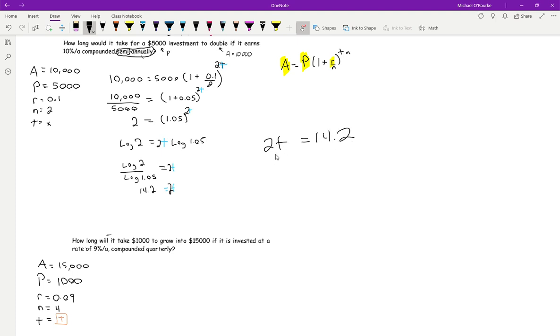So at the very end, I moved this 2 over, which equals 14.2 divided by 2. So t should have been 7.1. I forgot about this part of the equation up here. Okay? So take a look at your answer again, Chris, Nathan, and Lawrence, and use that in your next one. Good.